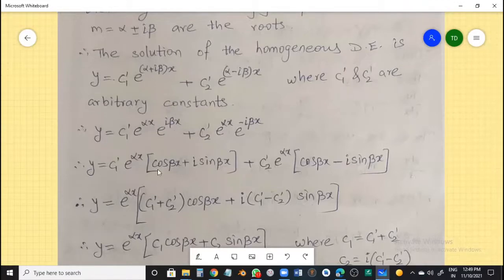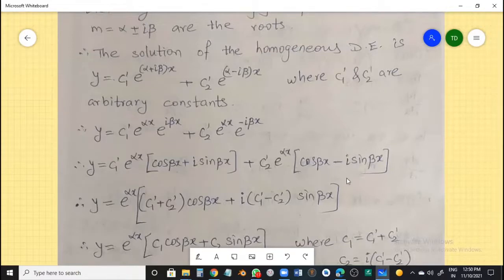So it can be written as cos beta x plus i sin beta x. The rest are as they are. Here also, it being minus, the middle sign becomes minus. So cos beta x minus i sin beta x, and the outer things are as they are.